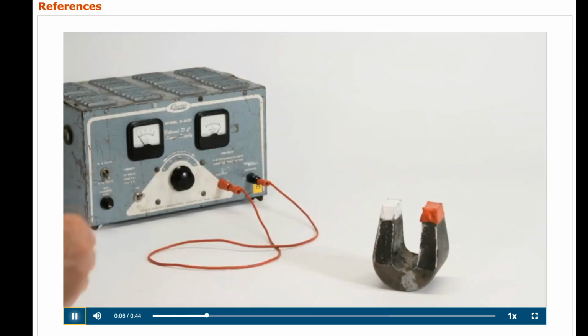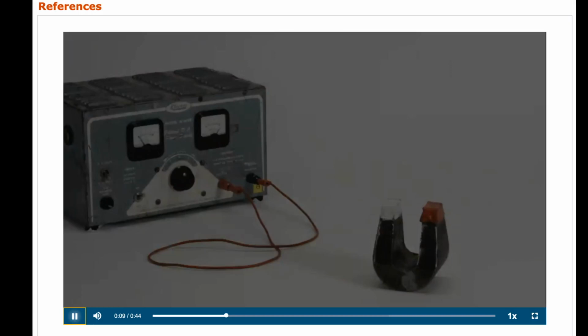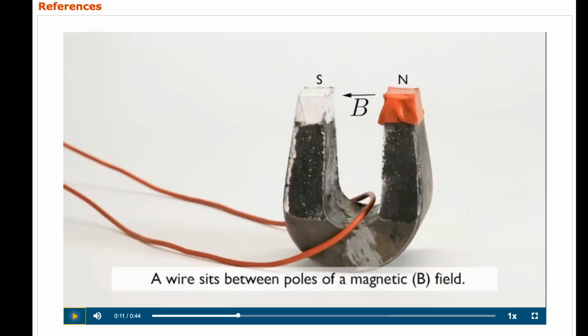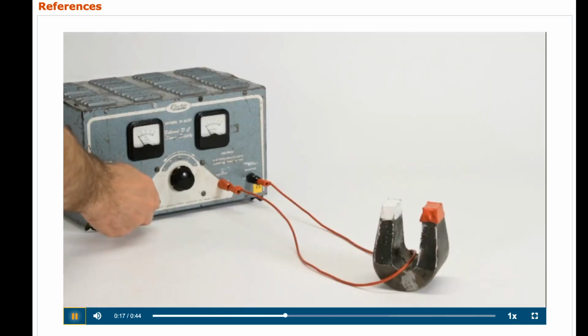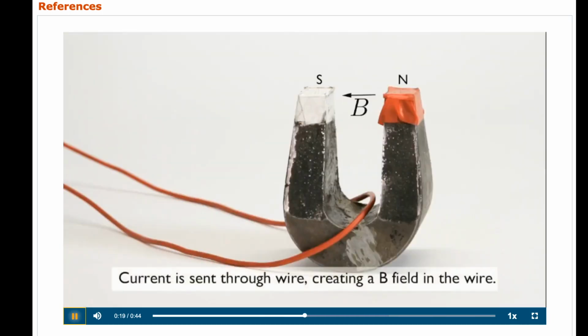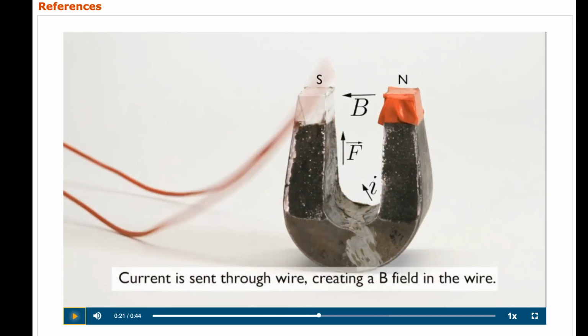All right, you can see you got a wire and you got a permanent magnet. Let me just pause it. A wire sits between the poles of a magnetic field. It shows one representative magnetic field vector, B, for the permanent magnet. And we're going to turn on current in that wire with that old-fashioned power supply. Okay? And the current is basically going away from us into the screen. So the L vector for that little region of the wire sitting between the poles is into the screen.